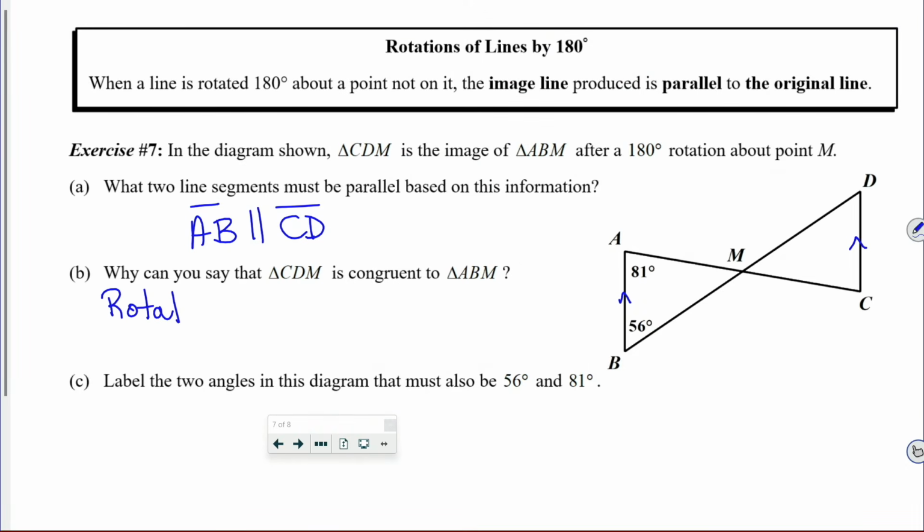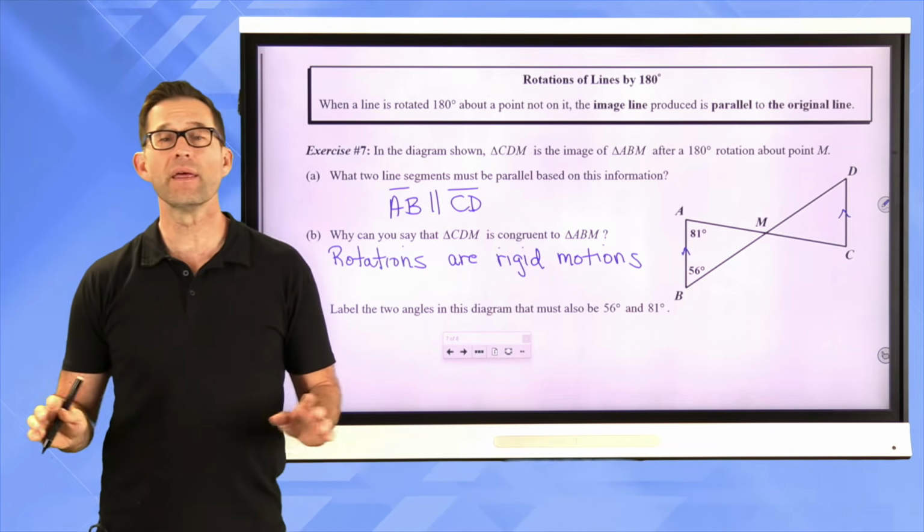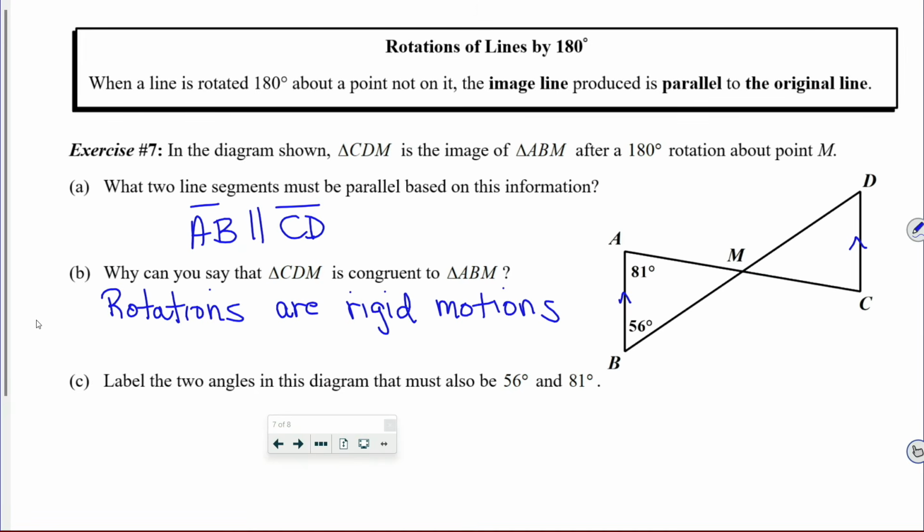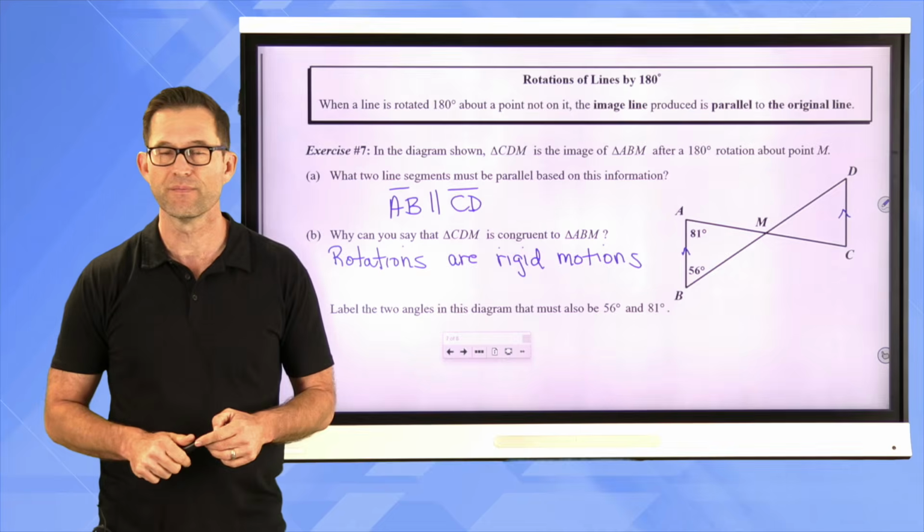Rotations, in fact, you can just say rotations are rigid motions. Now, letter C, label the two angles in this diagram that must also be 56 degrees and 81 degrees.